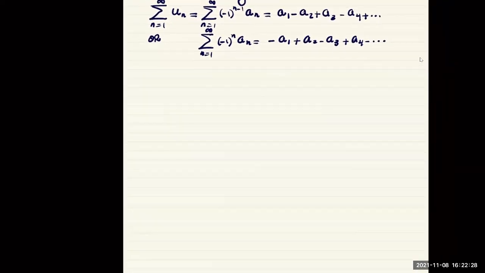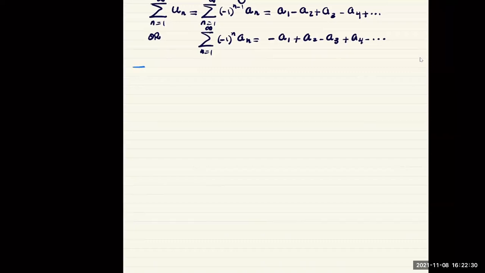For example, we have the alternating harmonic series: the sum of -1 to the n minus 1 times 1 over n.